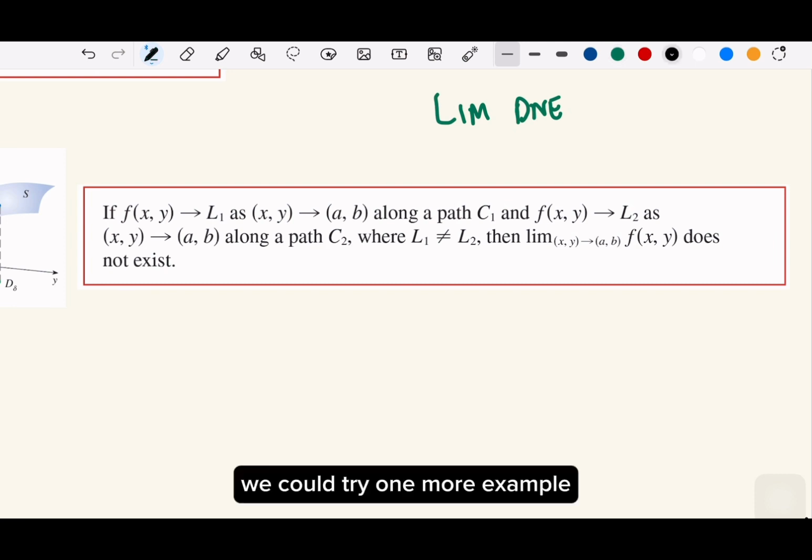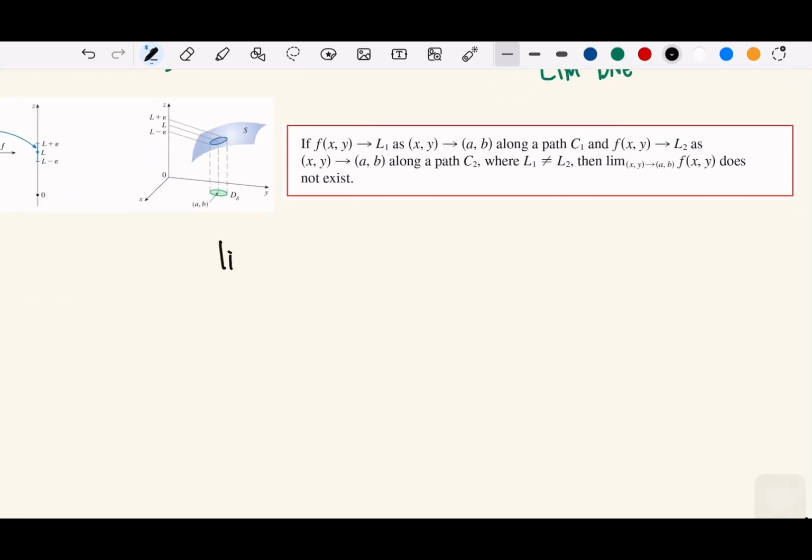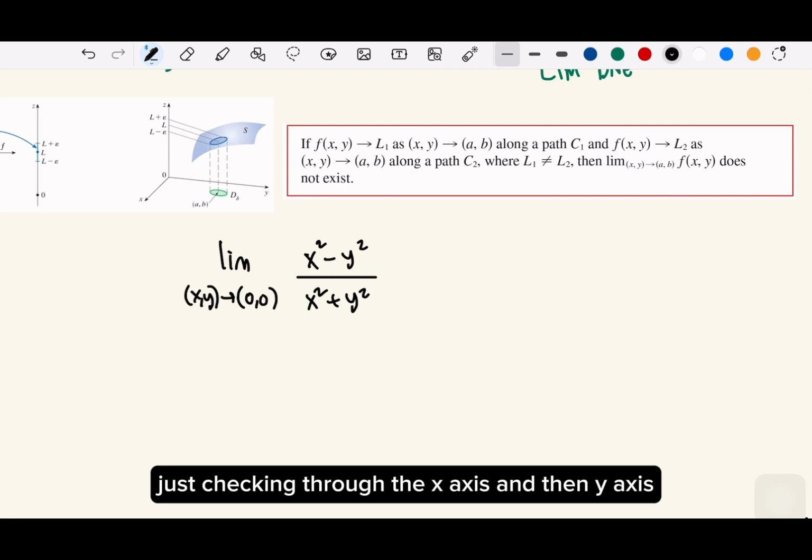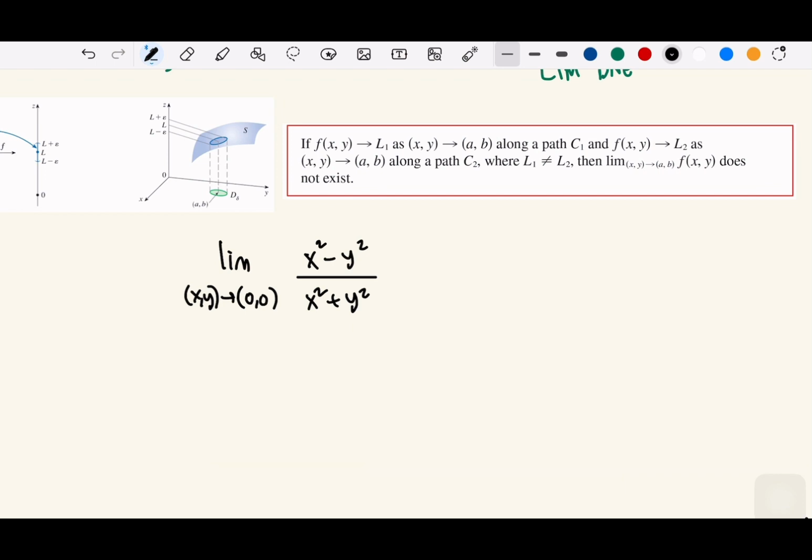So we could try one more example. If you just check through the x-axis and then the y-axis, you can see that if this is 0, this will be -1.